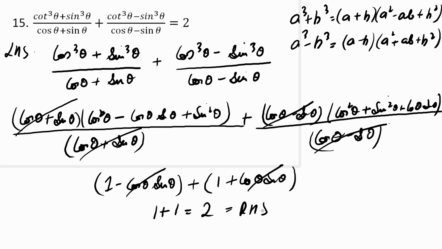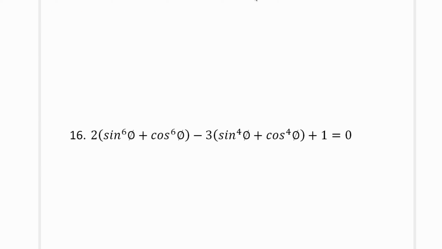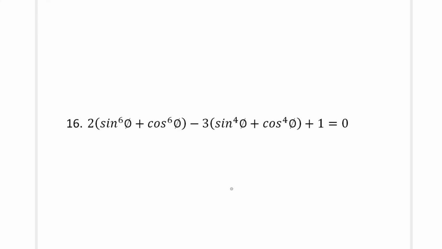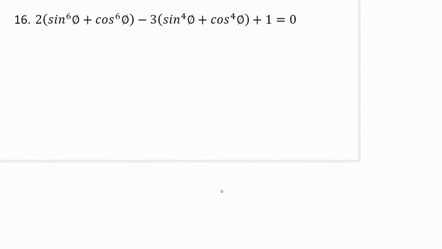Okay, students. Now let's move on to the next question. In the next question it is 2 sine power 6 phi plus cos power 6 phi, minus 3 sine power 4 phi plus cos power 4 phi, is equal to minus 1.